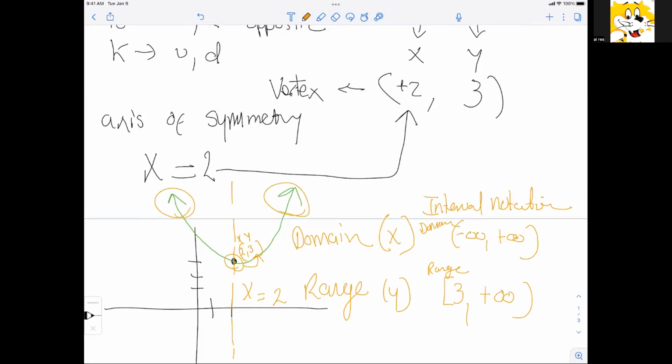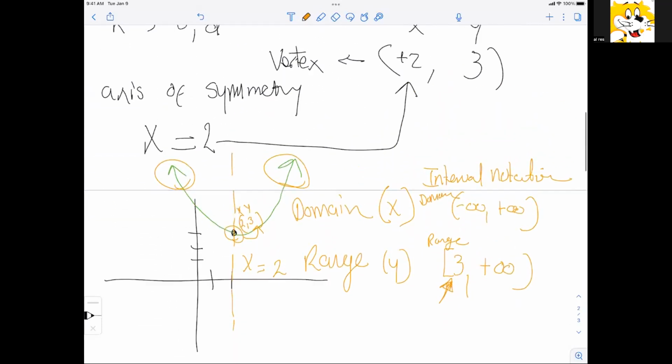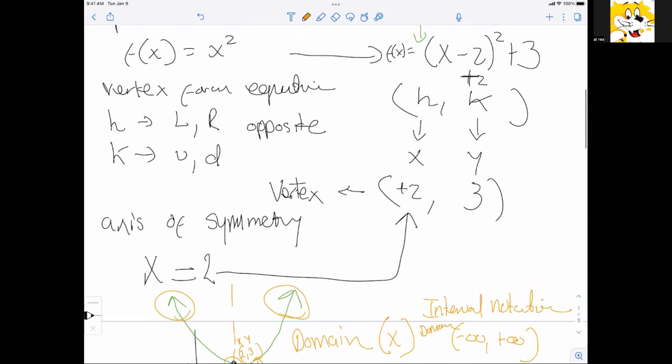Remember, domain is x values. So where is the function going? It's going all the way to the left and it's going all the way to the right. Range is up and down. The lowest value for range in this case would be my vertex because it is a positive parabola, and that value would be 3 for y. So that is why I get 3 here. And where am I going? I'm going up. Where? Positive infinity. So this is transformations for a parabola.